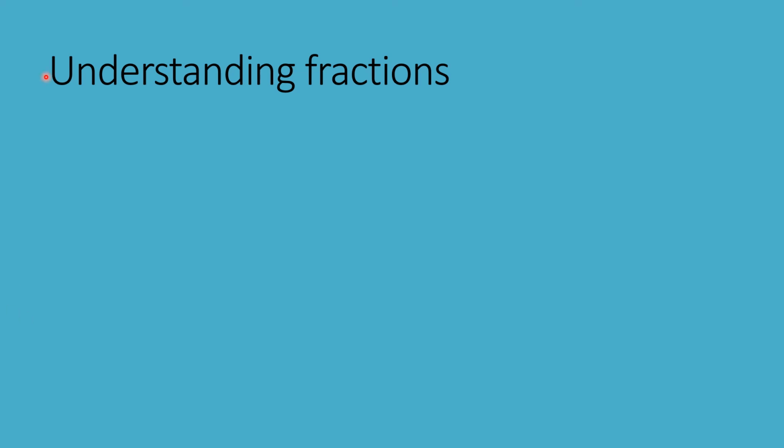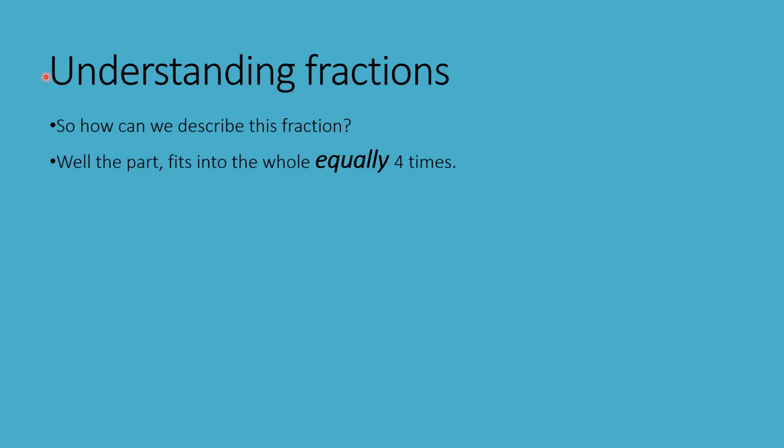So how can we describe fractions? Now we know what a fraction is. How can you describe the different types of fractions? So if we look back to that same example, the part fits into the whole equally 4 times. So this is described as 1/4. So 1 out of the number of times you can fit into the whole, or a quarter.